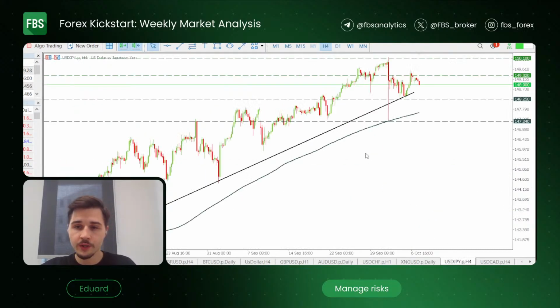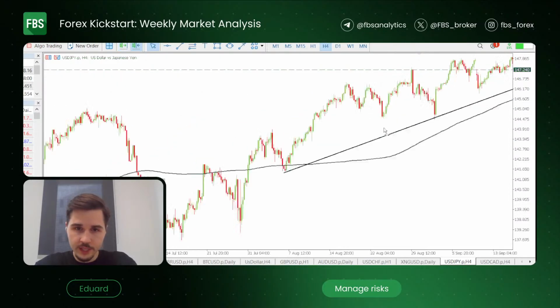The USD JPY is quite an interesting situation here because from the fundamental side, the Bank of Japan tried to interfere in the market, tried to push the JPY up, so USD JPY down. But I don't see that this effect is long lasting. Let me show you.